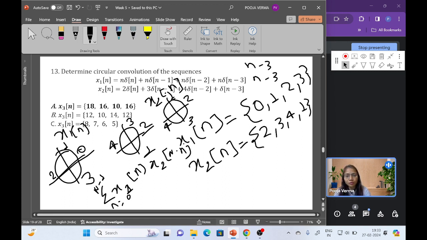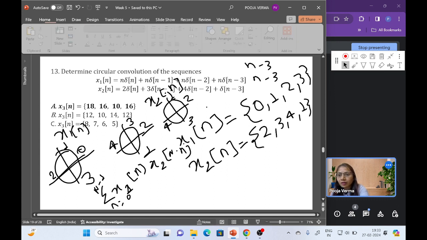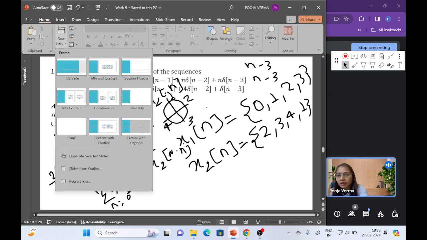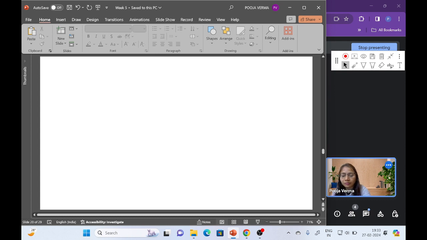I am going to remove this, otherwise we can take a new slide to calculate it. First we need to find x3[0], where x3 is the circular convolution of x1[n] and x2[n].